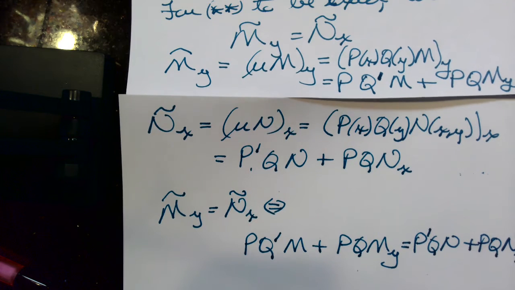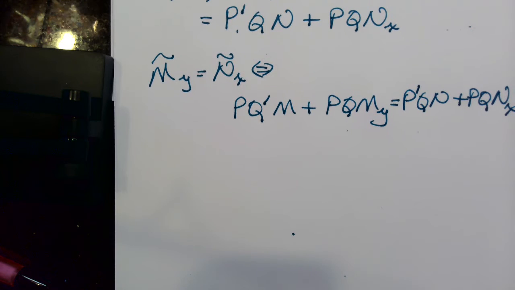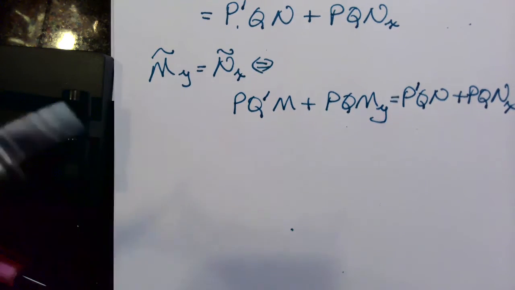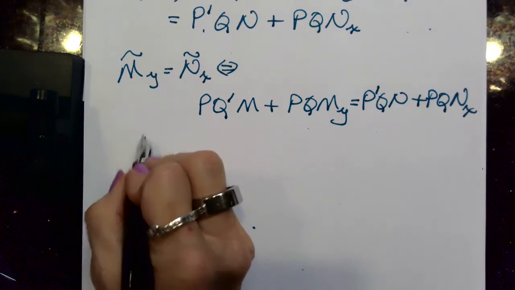Wow, that's a mess, right? So let's keep playing with that a little bit more. Let's try to get that into the form of m sub y minus n sub x. So let's bring these two things to the other side and factor out the pq.